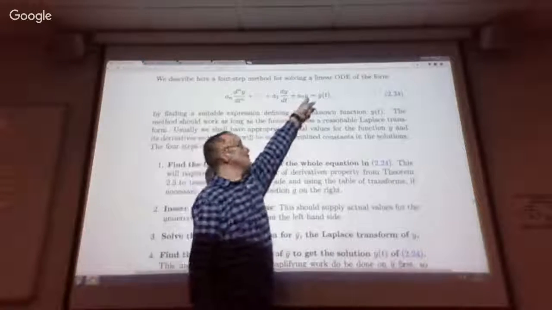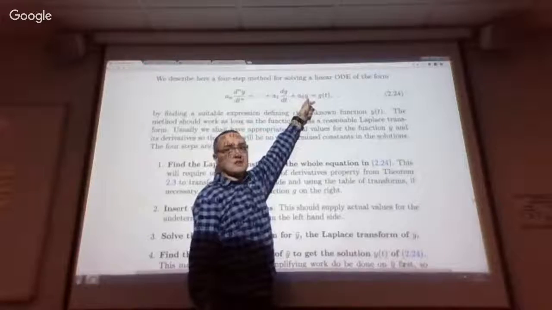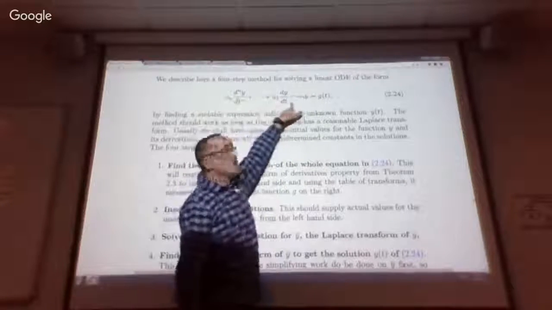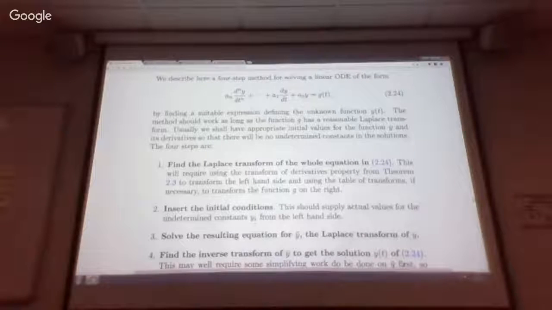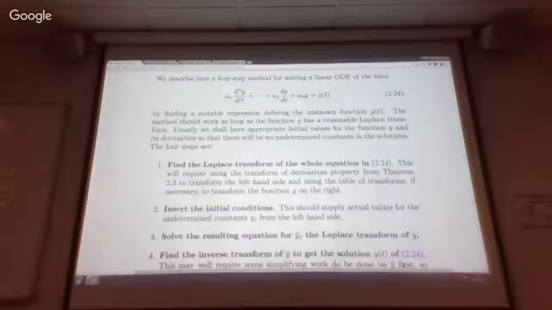So this capital Y we're introducing for the Laplace transform of little y will turn up in all these terms, together with polynomials in s, whose coefficients are initial values of y and its various derivatives.